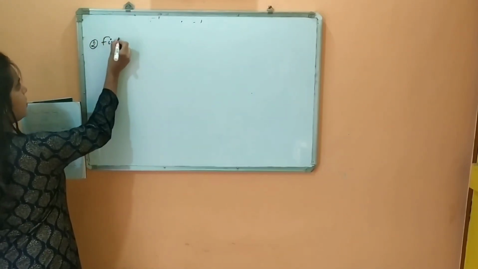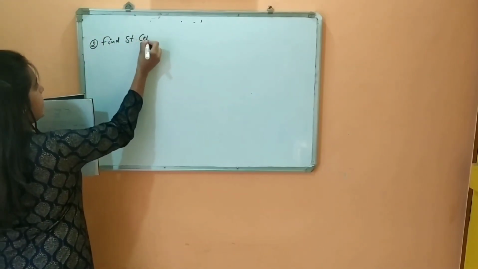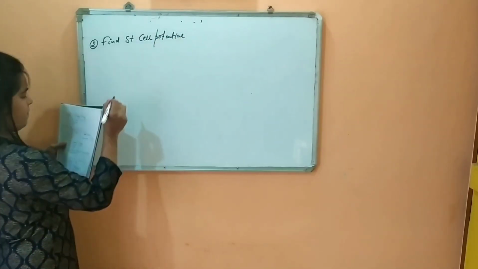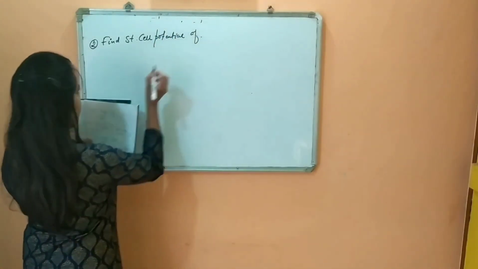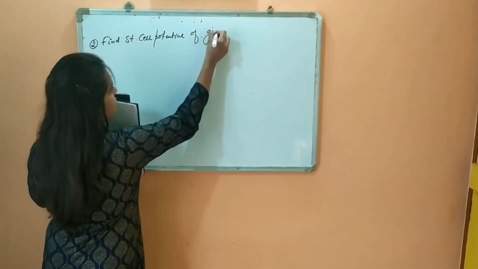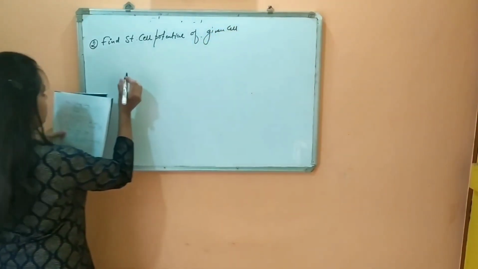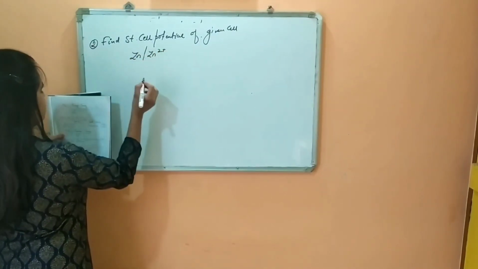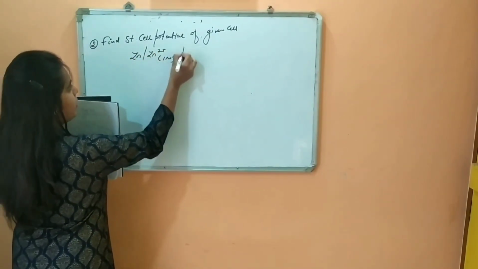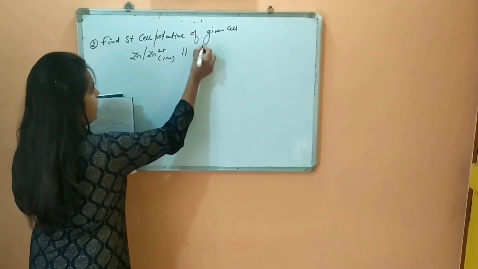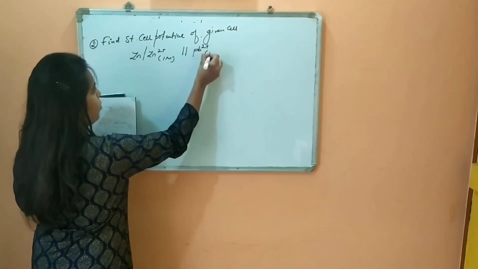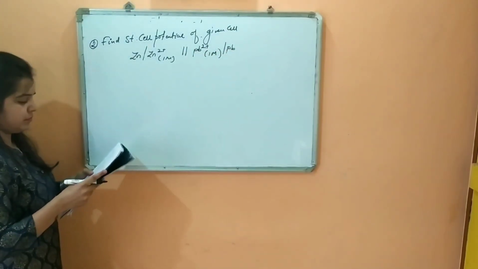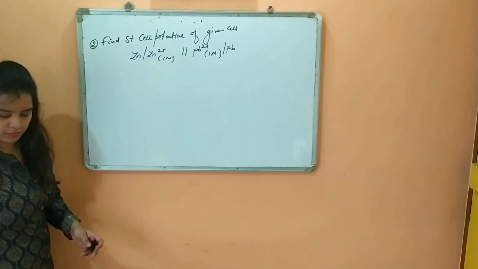Find the standard cell potential of the given cell: Zn, Zn2 plus 1 molar, Pb2 plus 1 molar and Pb. Okay.